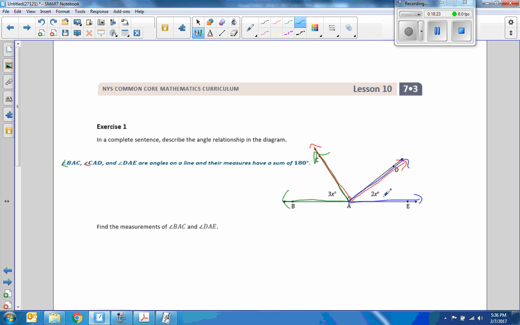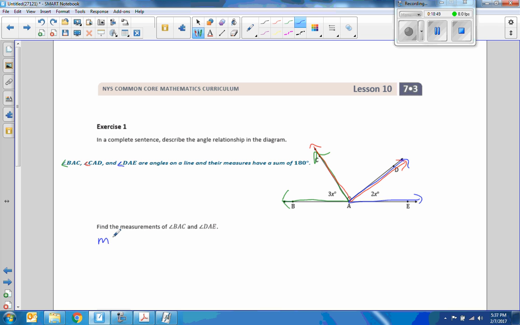So the green plus the red plus the blue, these are adjacent. And the three of them form angles on a line. So angle BAC, angle CAD, and angle DAE are angles on a line, and their measures have a sum of 180 degrees.